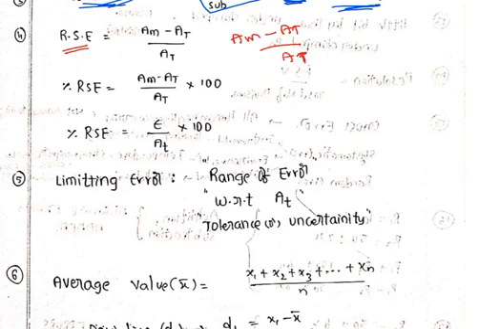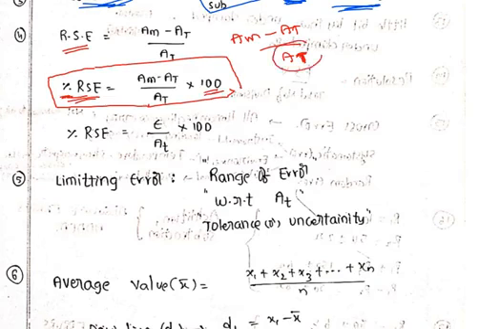The denominator should be true value. For percentage relative static error, the formula is measured value minus true value by true value into 100. When percentage is asked, we have to write into 100, with respect to true value, not the measured value.